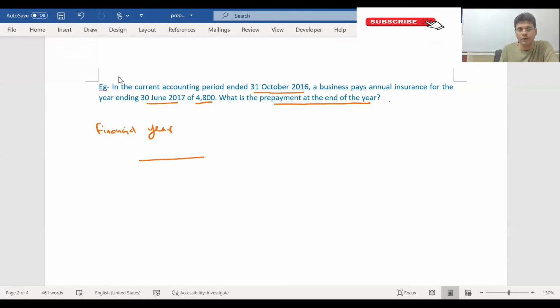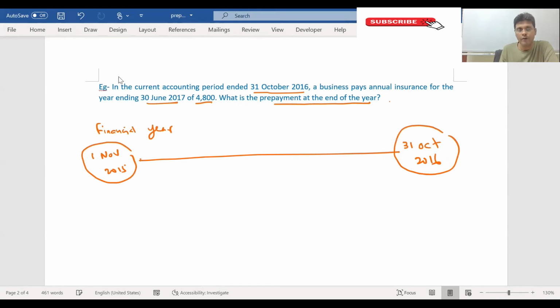Okay, so their financial period ends on 31st October 2016, and the financial period begins on 1st November 2015. Okay, so this is the beginning, this is the end. From November 2015 to October 2016, there will be 12 months for the financial period.